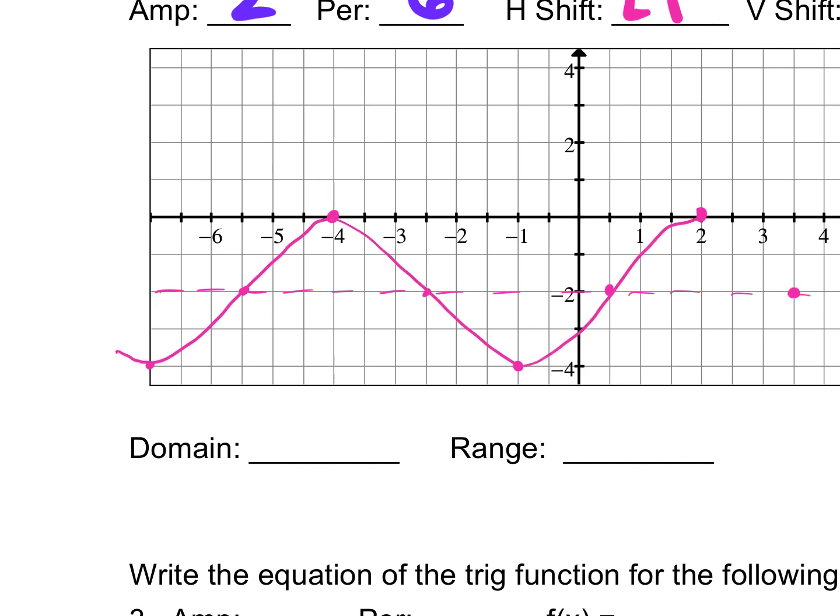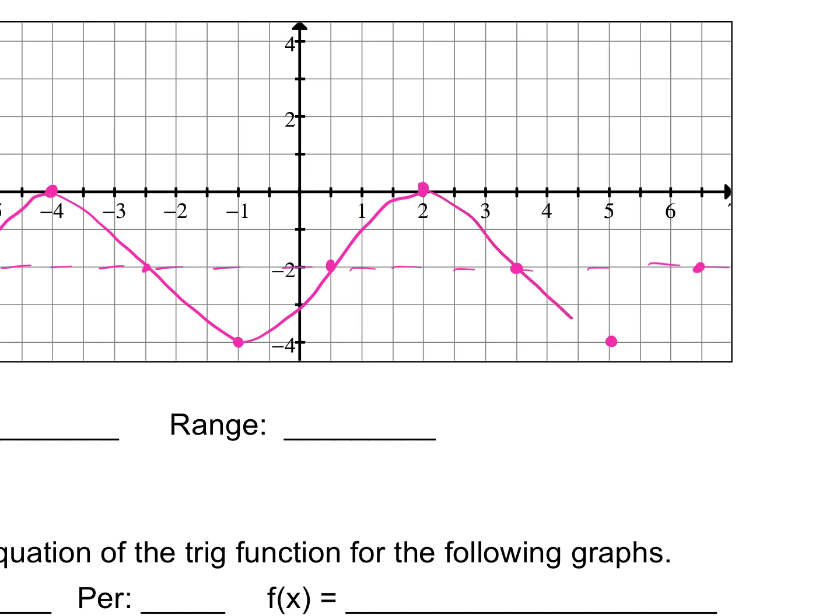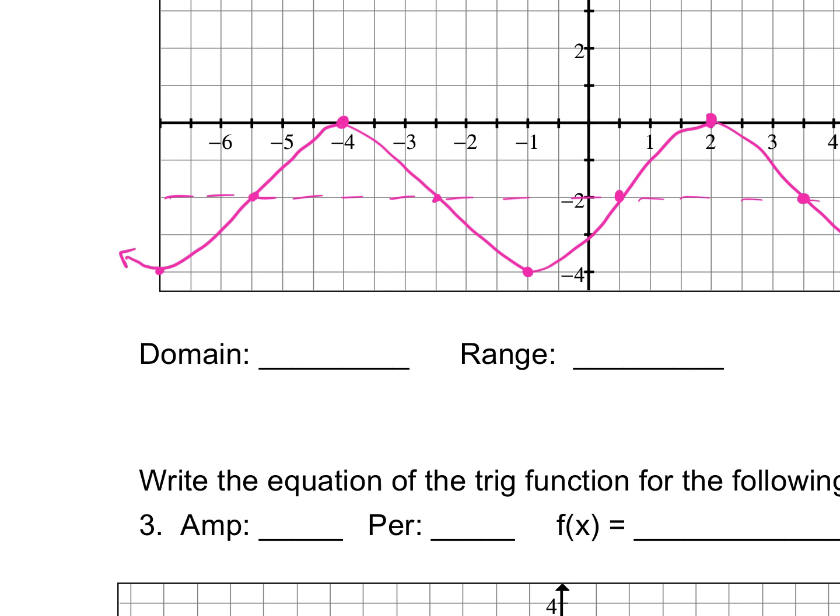My domain of all my sine and cosine functions remains the same, with -infinity to infinity, or all real numbers. My range is, on this one, -4 to 0.